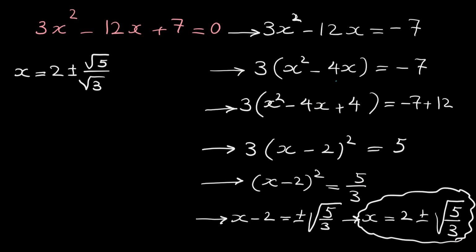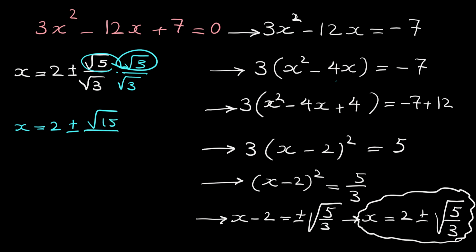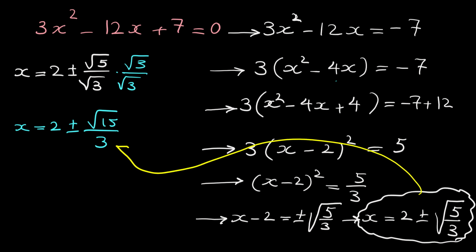And to rationalize this, you can multiply the numerator and denominator by radical 3. Then you can write your answer in the form of 2 plus minus radical 5 times radical 3 is radical 15, and radical 3 times radical 3 is 3. If you like, you can write the final answer in this form as well, but this is completely optional.